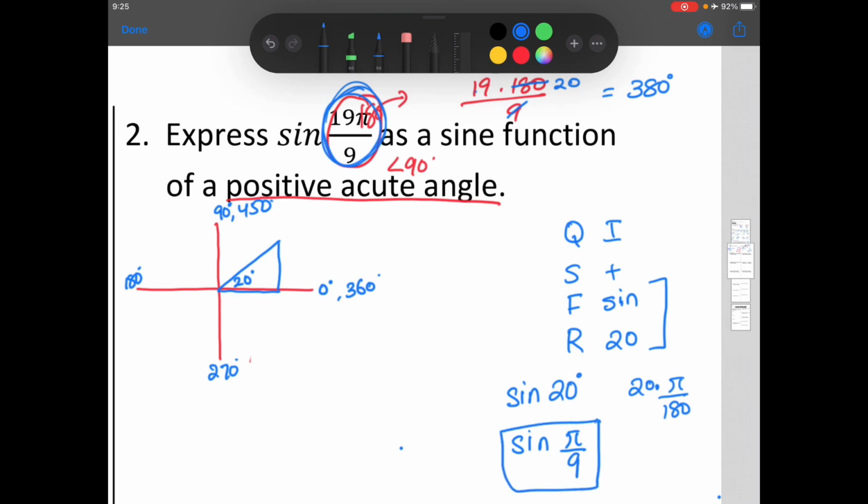That would be my acceptable answer. Leaving it in degrees is not wrong, but since my angle was in radians, I should write my final answer in radians. So I want you to finish the remaining packet. Please make sure you use QSFR because it's really going to help you, and draw pictures when you're doing these questions. And if you have any questions, reach out to your teacher.